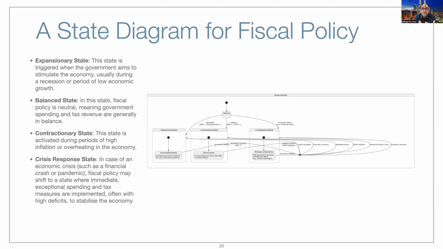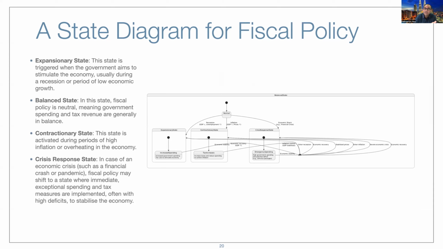Okay, are they going to increase spending, are they going to cut down on spending, are they going to move more towards austerity move, or are they going to be more conservative in terms of the tax hike, personal income tax, corporate income tax. So what kind of crisis management states they have, what would they consider as emergency spending. So all types of things could be considered for the different states that should be considered as part of the fiscal policy.